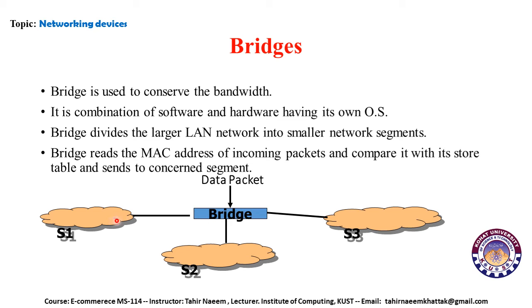If this MAC address is present in S1, then it forwards the data packet towards S1, while it doesn't forward towards S2 and S3. Thus it enhances the efficiency of the network.